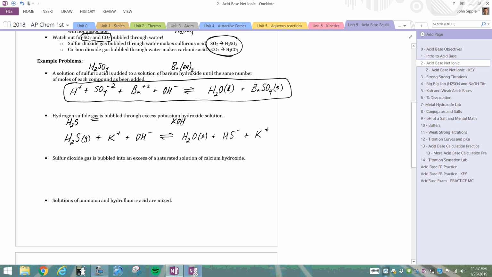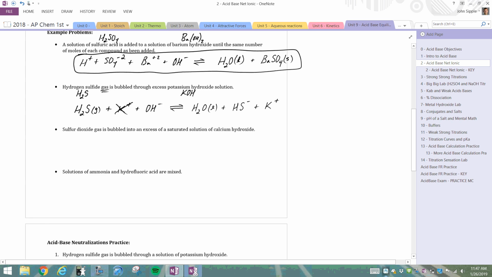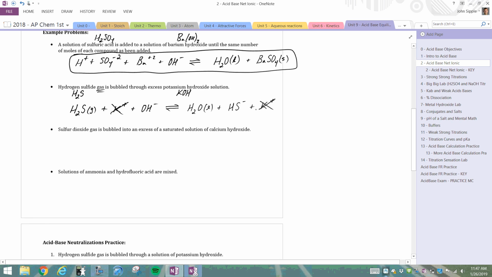So what we need to do there is cancel out our spectator ion, and then rewrite our equation. This is our net ionic equation: H2S gas plus OH minus gives H2O and HS minus, after we cancel out our spectator ions.